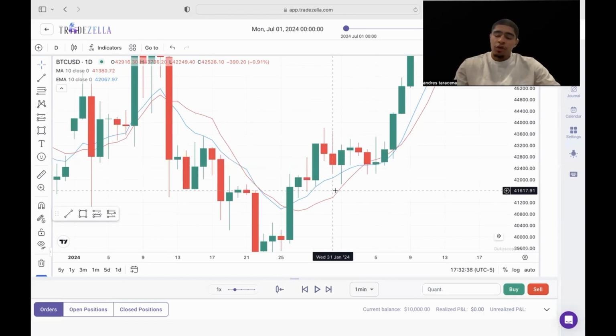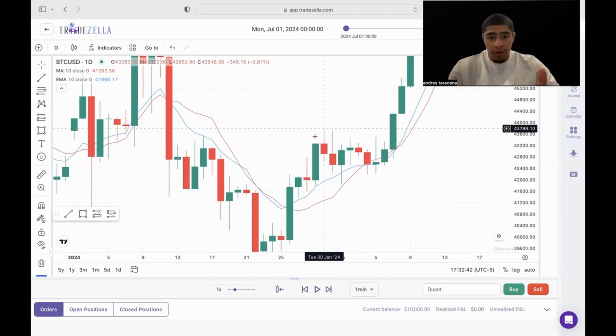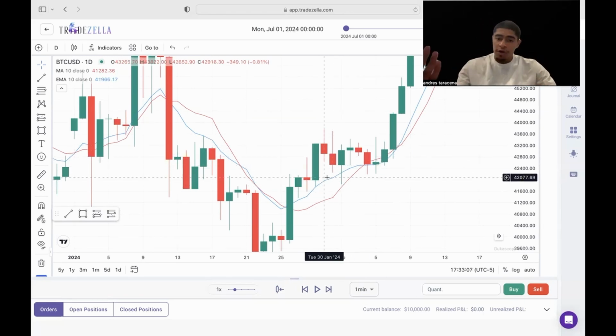Now, say your trading strategy found a long position to take in this area here, and you were implementing the EMA or SMA. You would check your EMA and SMA and see, oh okay, price is above the SMA or EMA, so that's a good indication that we're good to go long.